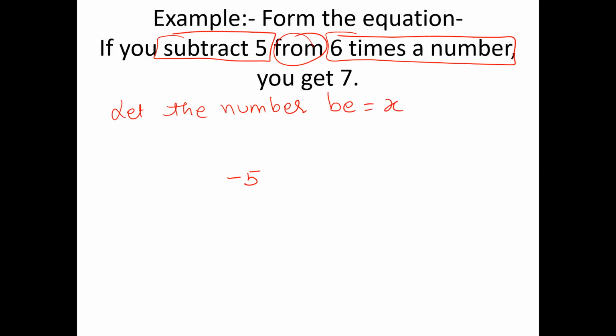We don't know the number right now, so we took that number as x. x can be anything. So 6 times a number. Times always represents multiply. That means 6 times a number, the number is x, that means 6 into x, that means 6x.